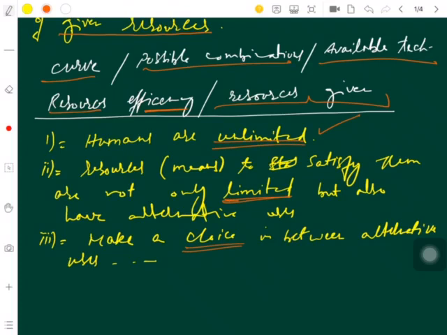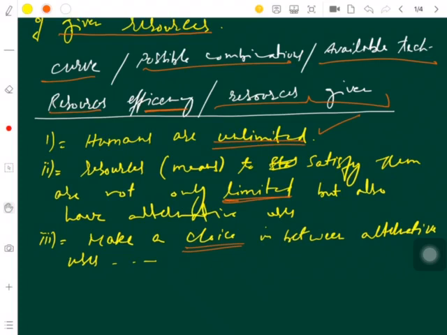So how can we say that a production possibility curve gives us the answer to all these things? How can we choose between the two things? The production possibility curve, also called the production possibility frontier or boundary, will indicate the maximum limit to which we can go with the given resources and technology. That means we cannot move beyond it.